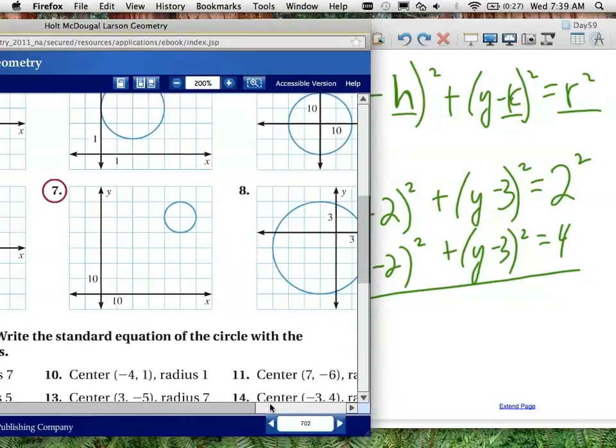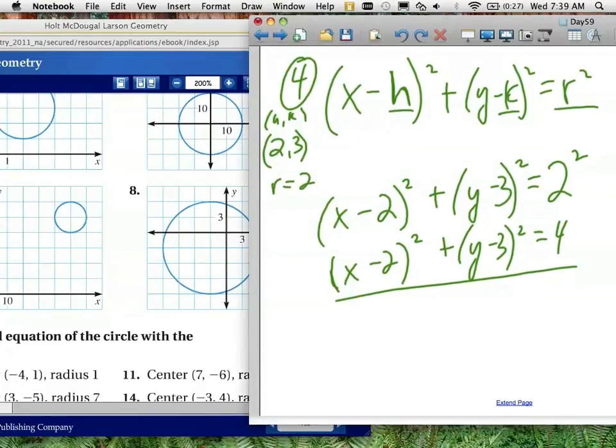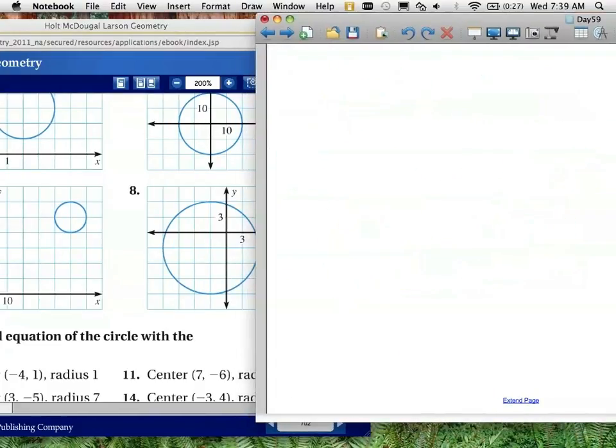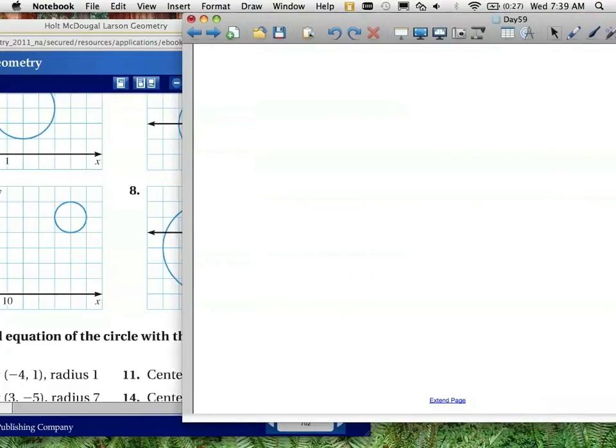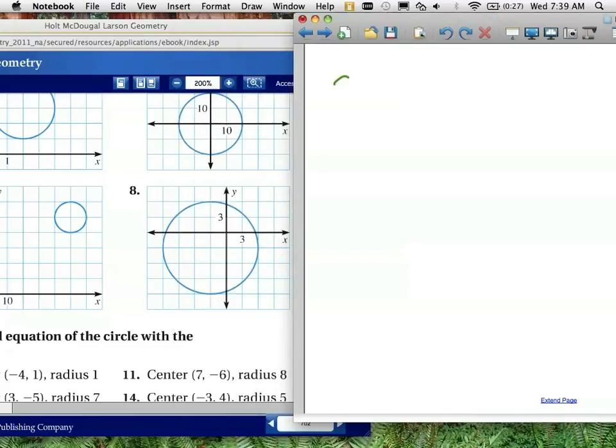Okay. So again, look at 8, guys. What's the center here? It's right there. So that is -3, -3.